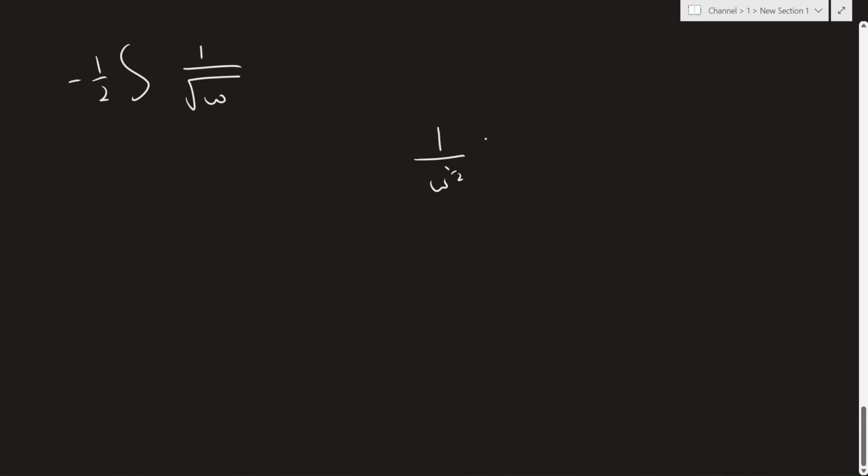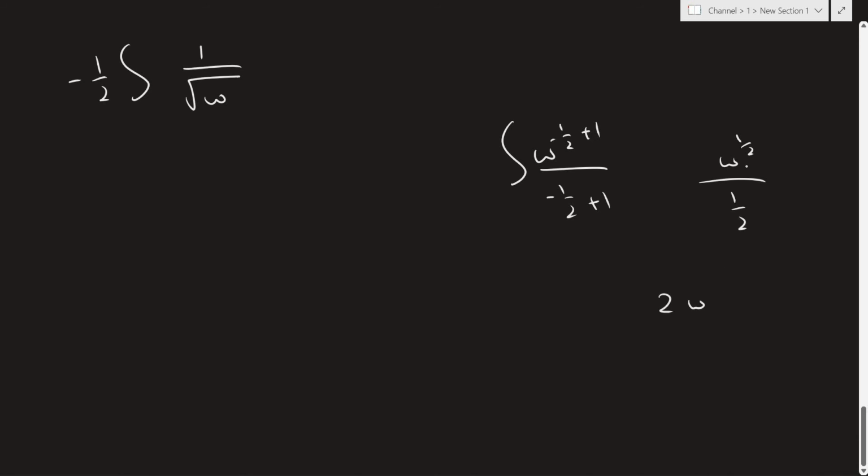We can take the half out. It's going to be 1 over negative half. And now we integrate, meaning that we add 1 and then divide by the whole thing, negative half plus 1 as well. So the top will be w half and the bottom will be half. We can simplify. It's going to be 2w, and half is simply radical. So it's 2 radical w.